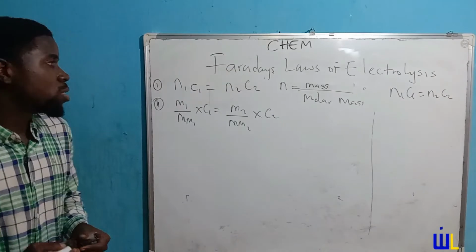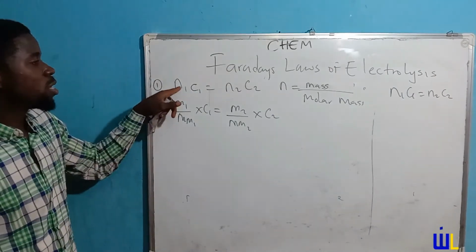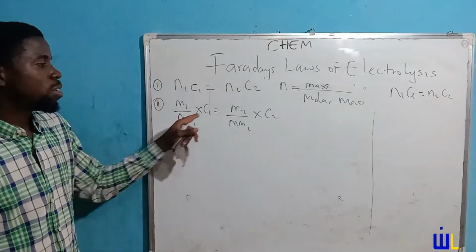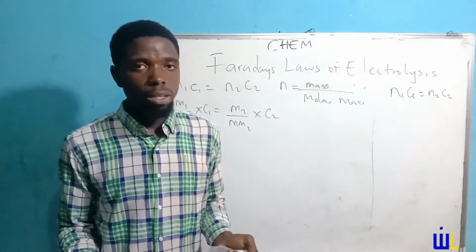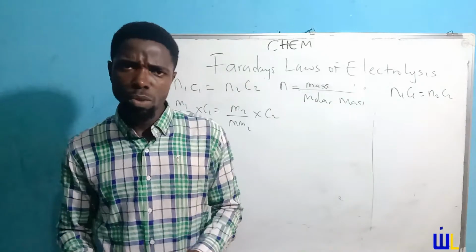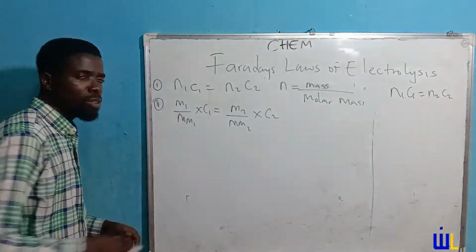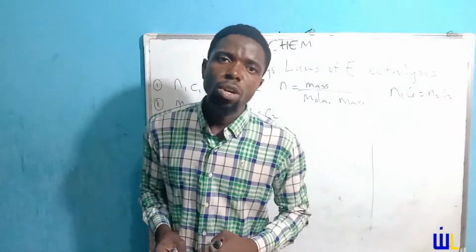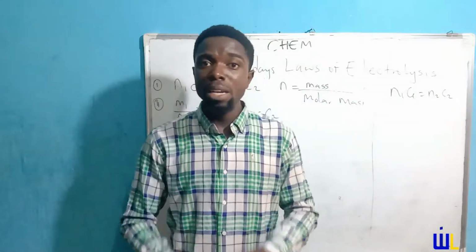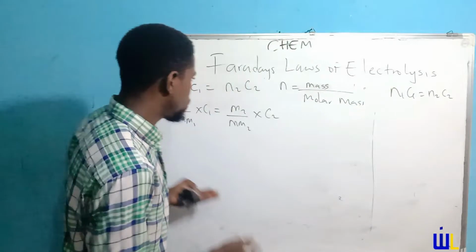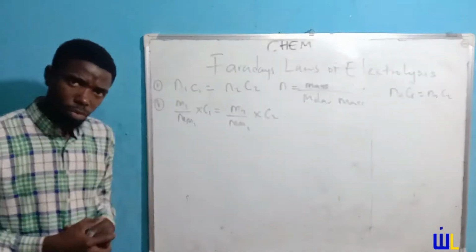So once you're able to do this and you put it here, wherever you see N, replace it with mass over molar mass. And if you have this, you have gotten a formula that involves mass directly. You don't need to solve for number of moles and then change it. Once you have this formula in your head and you are relating different masses of different substances deposited with the same quantity of electricity passed through both electrolytes, you have this particular formula to relate the two of them.